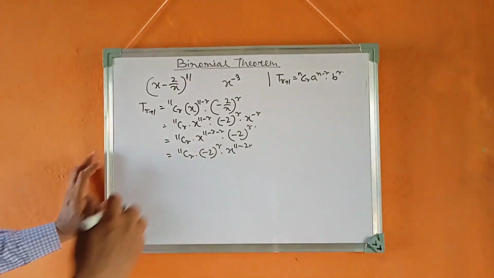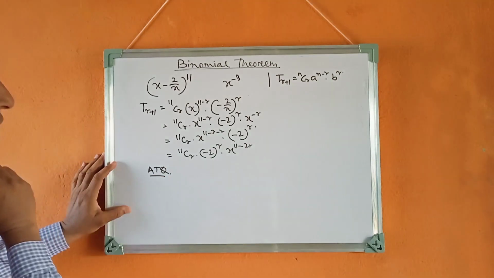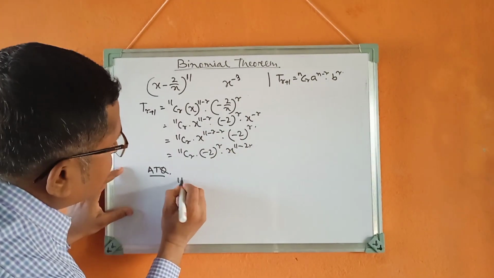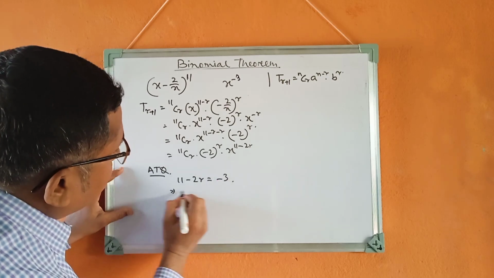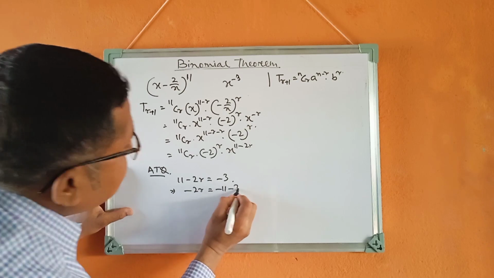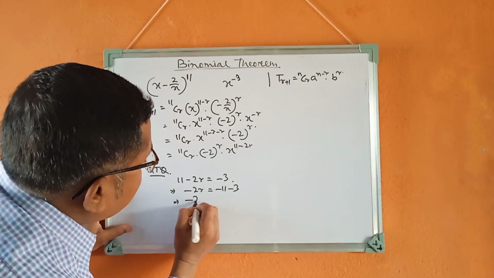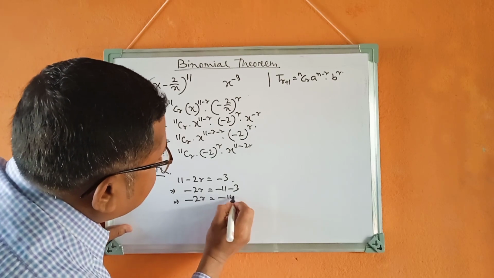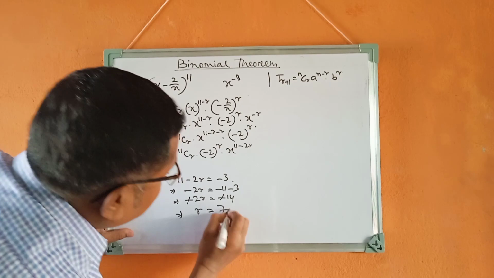Now the question says x to the power minus 3. So according to the problem, we write 11 minus 2r is equal to minus 3, or minus 2r equal to minus 3 minus 11, or minus 2r equal to minus 14. Minus minus cancels on both sides, so r equal to 7.